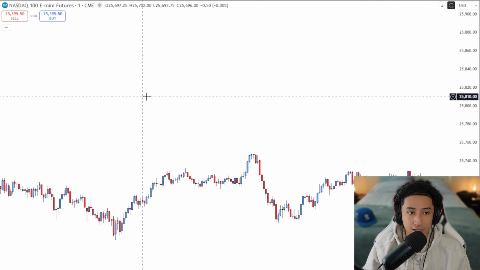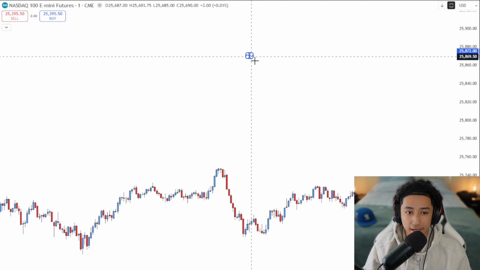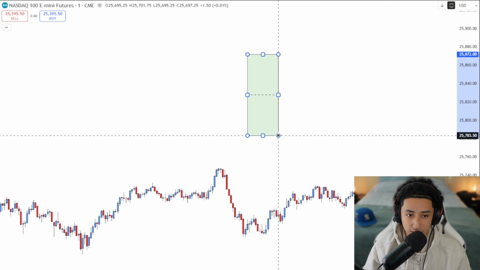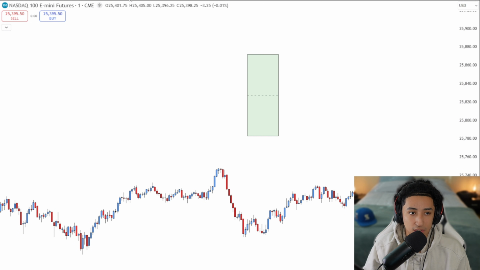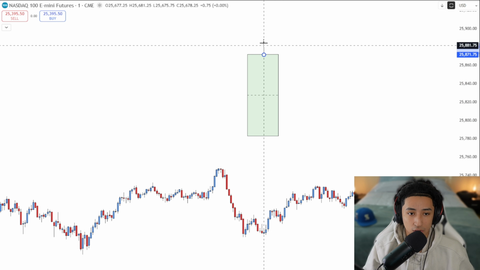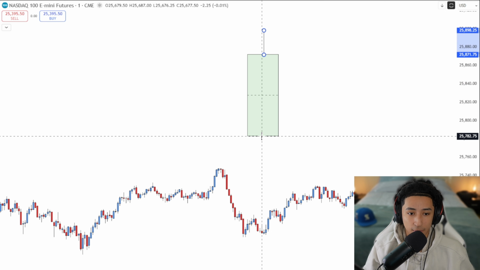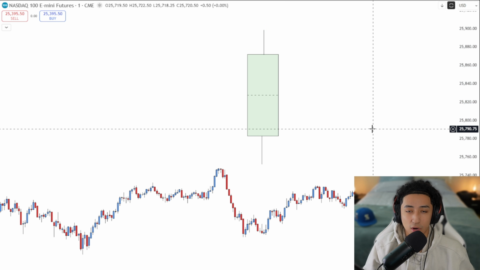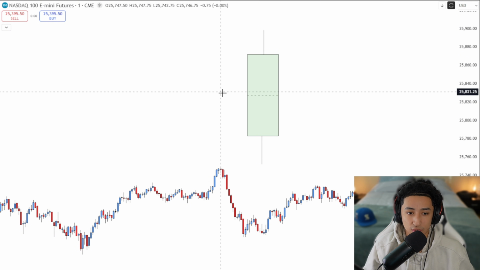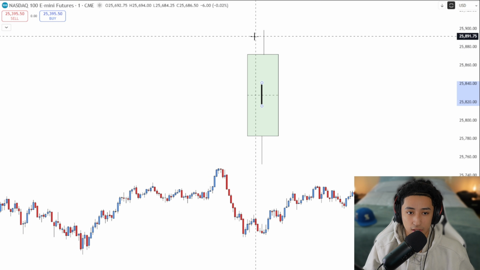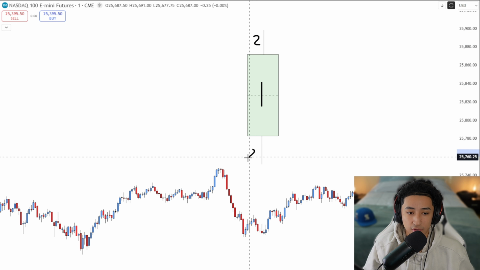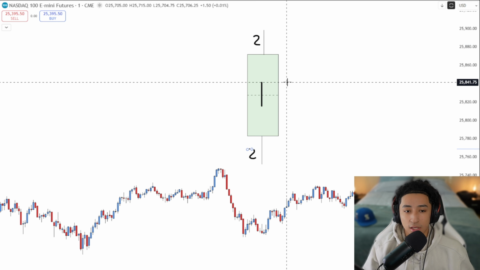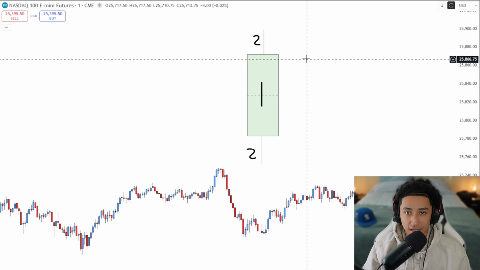Now, the first thing is the makeup of a candlestick. Okay. Make this large enough, right? We have our body and we have our wick, right? Two major parts, our body, and then we have our wicks, both marked as 2, right? These are the 2 parts of a candlestick.